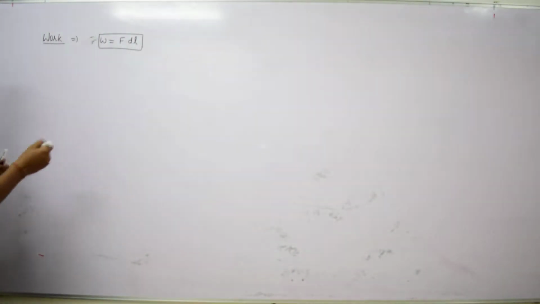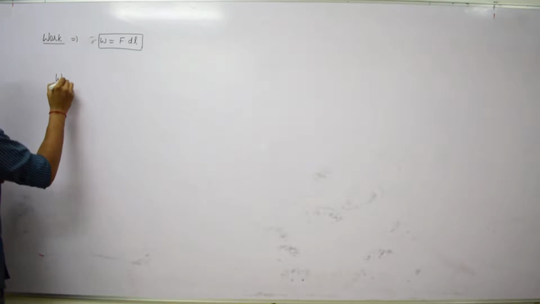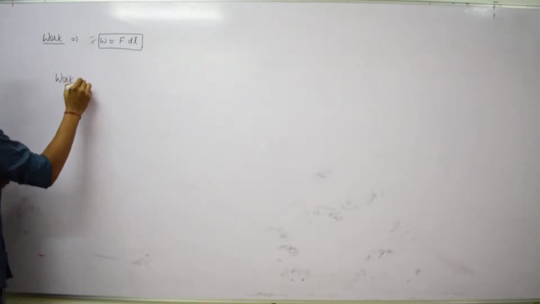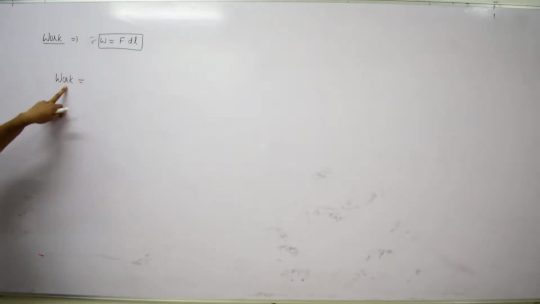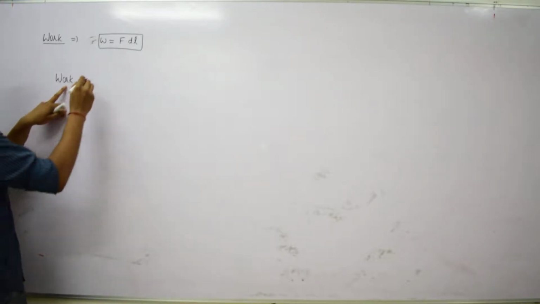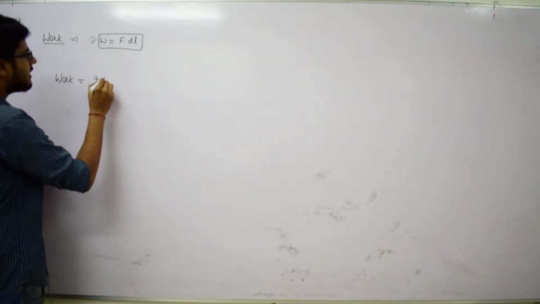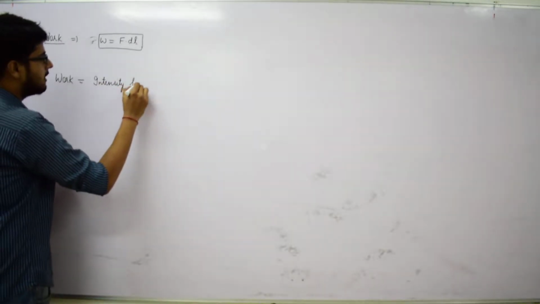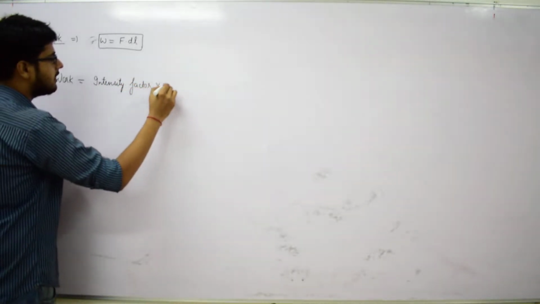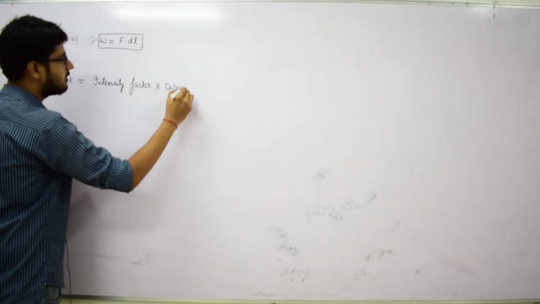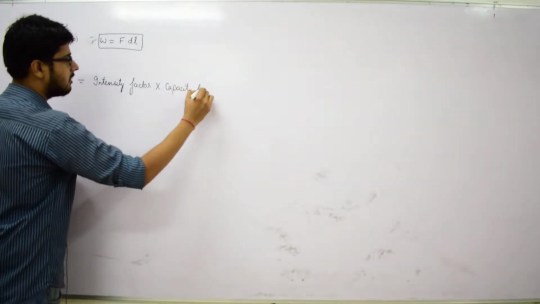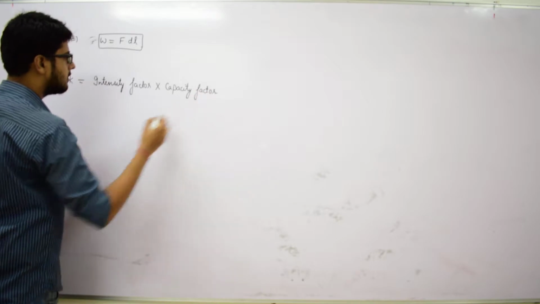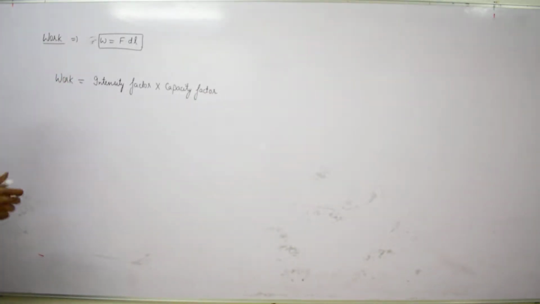So, when we are discussing about work, the magnitude of work depends on two factors, and the two factors are intensity factor multiplied by capacity factor. Intensity factor multiplied by capacity factor.